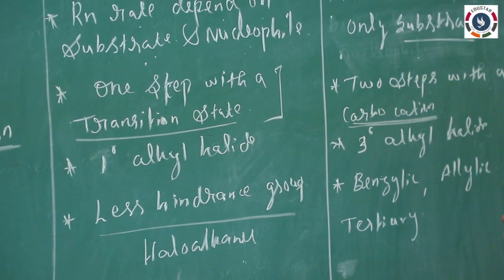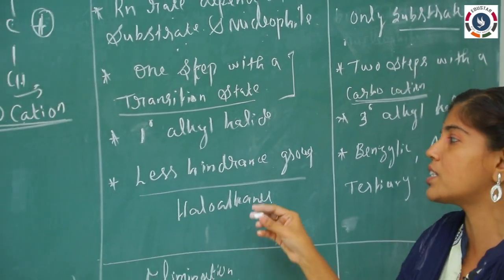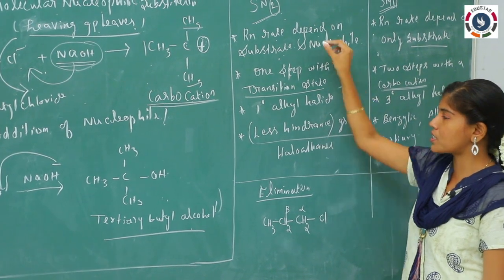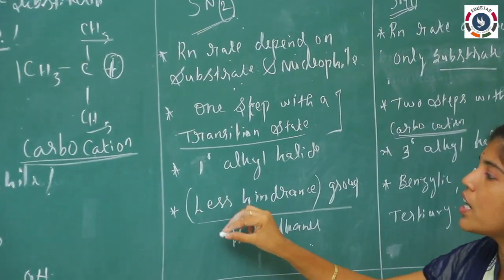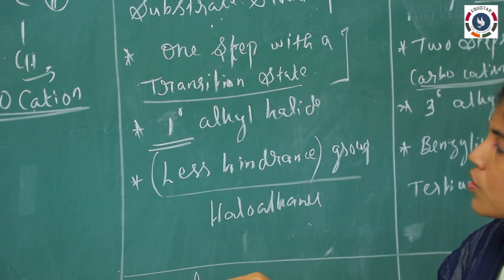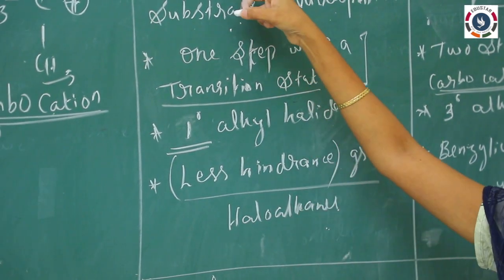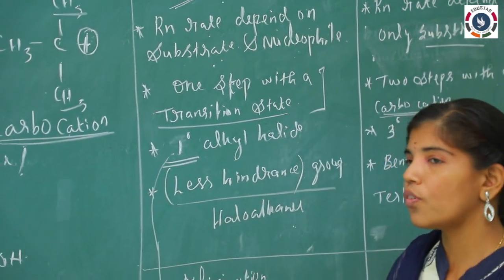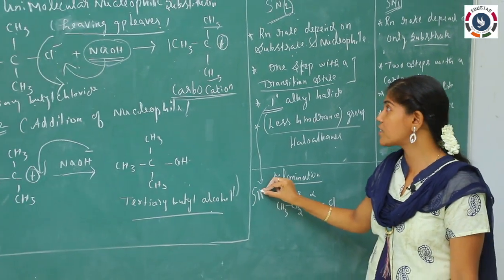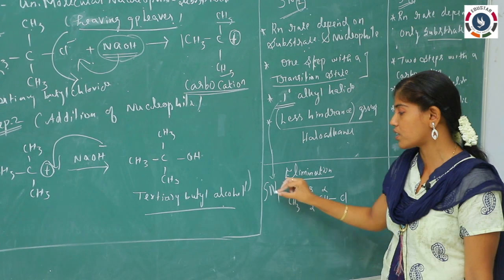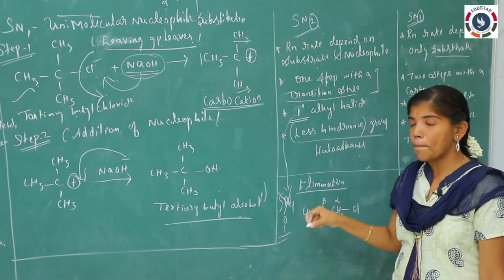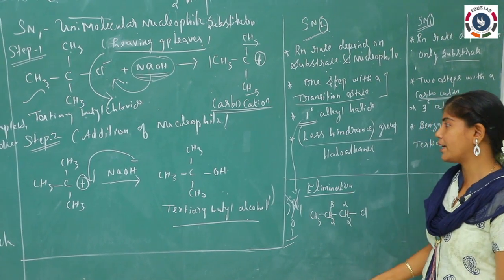For this reason, less hindered groups are preferred to react by SN2 reaction. For this reason, primary alkyl halide usually reacts by SN2 reaction. Primary alkyl halide won't go for the SN1 reaction. SN1 reaction doesn't work out for primary alkyl halide.